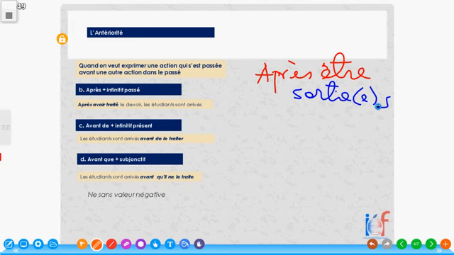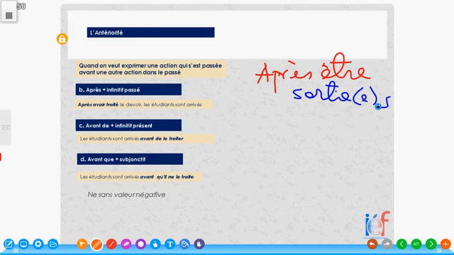After, because the verb sortir goes with être. So the same principle that applies for passé composé will apply here: après avoir for every kind of verb, and après être for verbs that are used with être in passé composé. So après avoir traité le devoir, les étudiants sont arrivés. What I need from you is to begin to formulate examples of yours that you think can be used in this same kind of context.